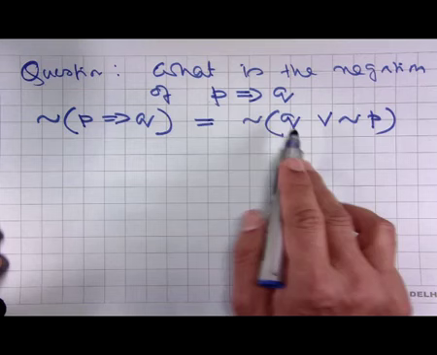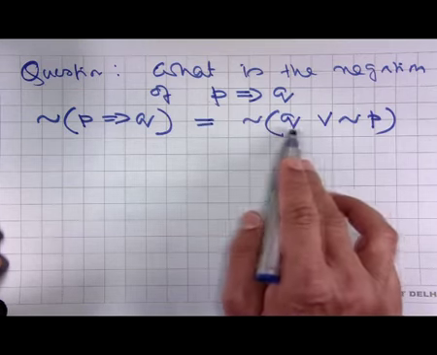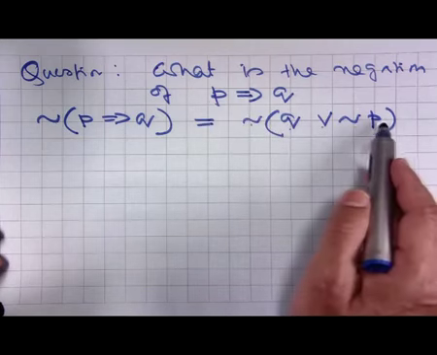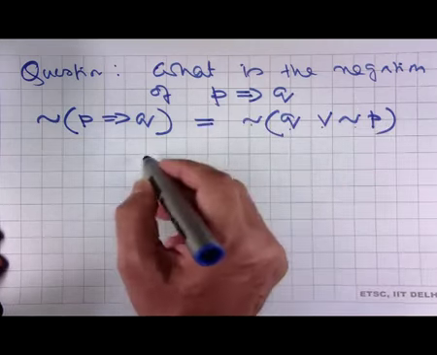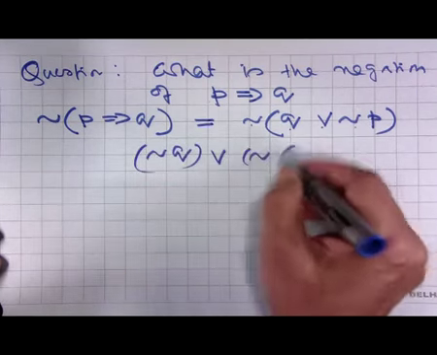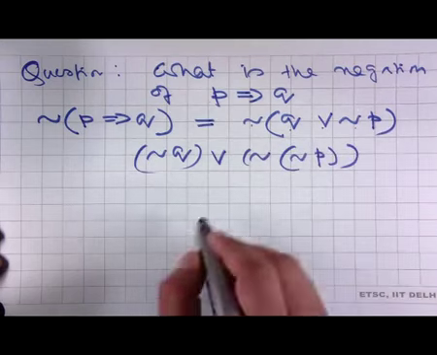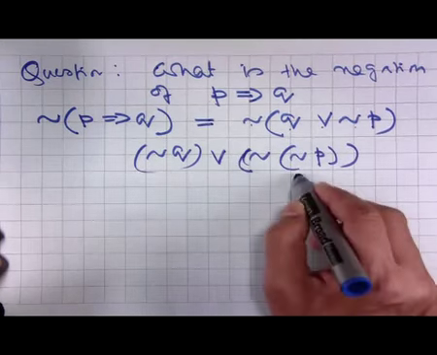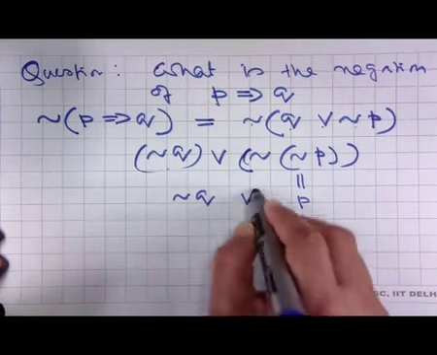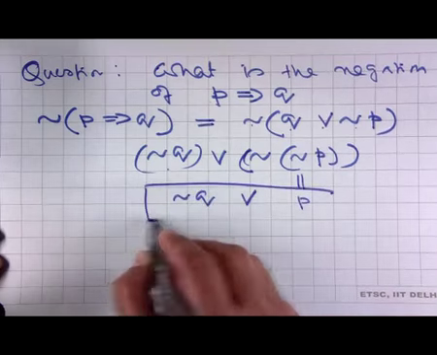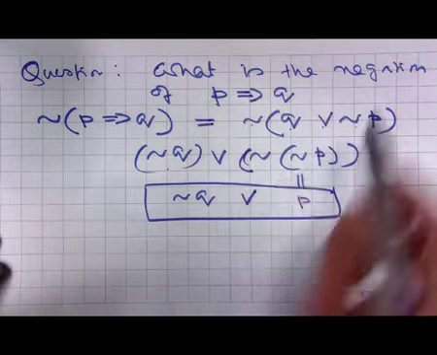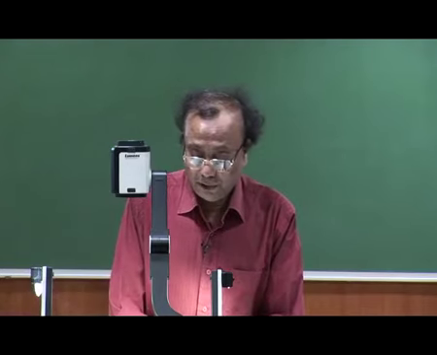Just now we have seen. What is this? It is negation of Q or negation of P, which is by De Morgan's law is negation of Q or negation of P, and we have seen at the beginning of this lecture that this is P and this is negation of Q. So, the negation of P implies Q is P and not Q. Next, we will talk about equivalence.